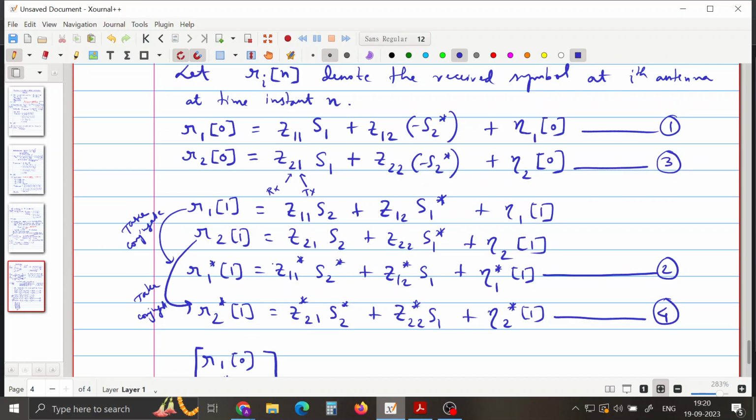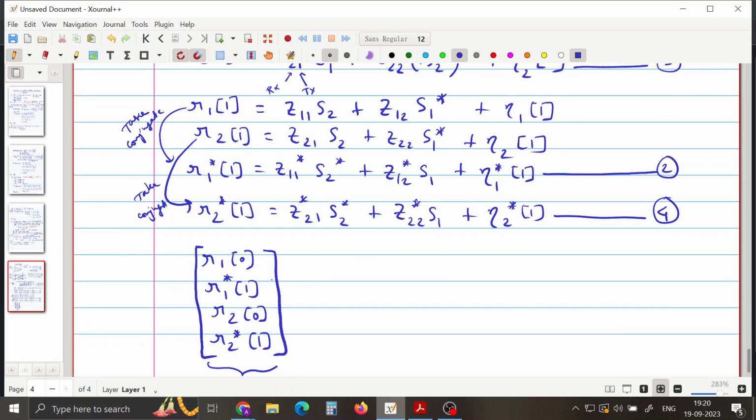From these equations 1, 2, 3 and 4 I can write the Z matrix, the channel state information. This would be a 4 by 2 matrix multiplied by a 2 by 1 matrix, which will have elements S1 and S2 star.